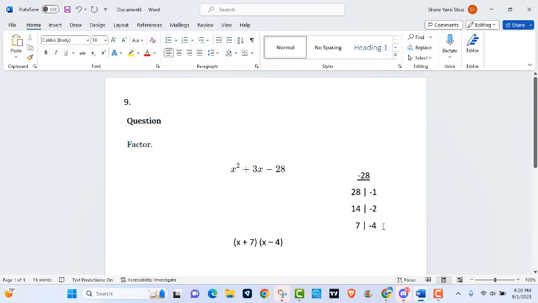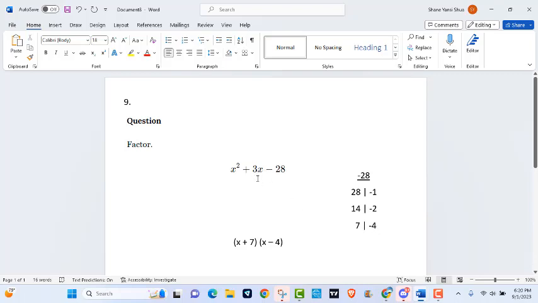Now, out of these three pairs of factors, which pair could I add together and get a positive 3? Well, it should be kind of obvious to see here. If I multiply the 7 times a negative 4, that would give me a negative 28. If I add the 7 with the negative 4, that would give me a positive 3.